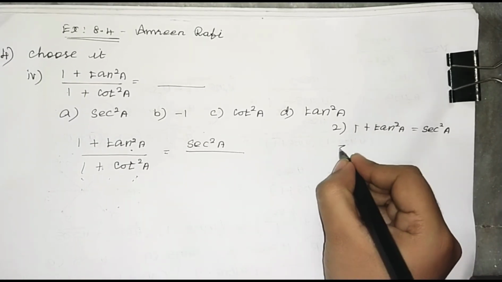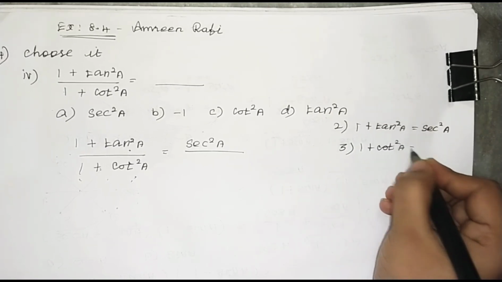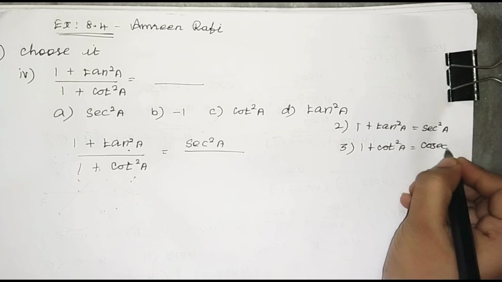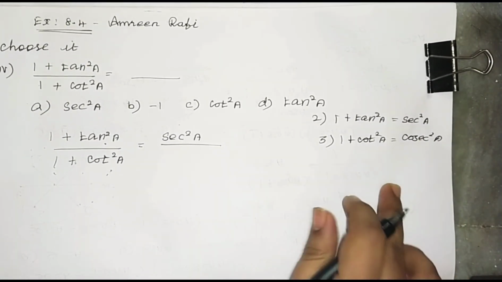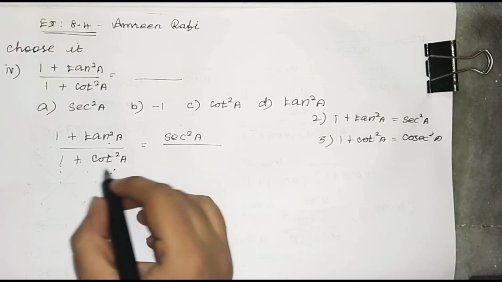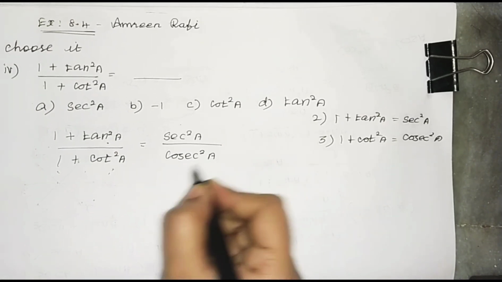The third identity. So 1 plus cot squared A is equal to cosecant squared A. So instead of 1 plus cot squared A, we can write cosecant squared A.